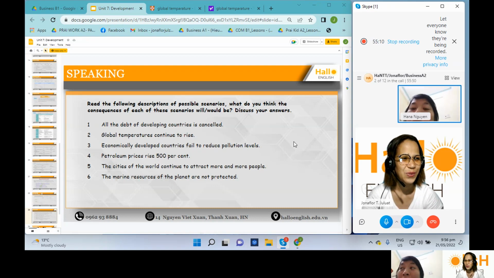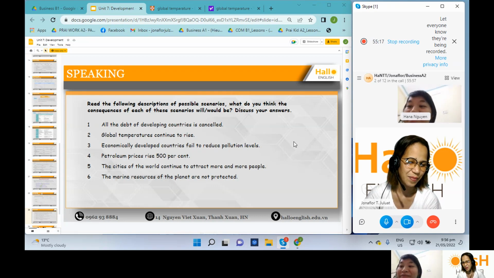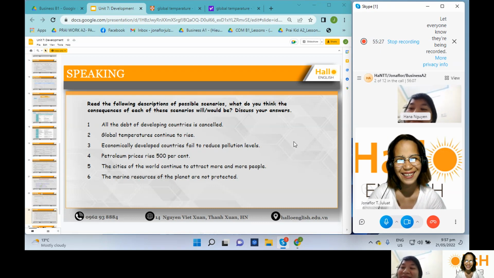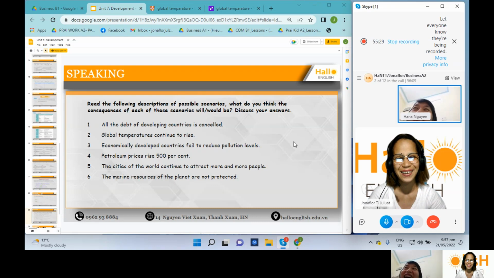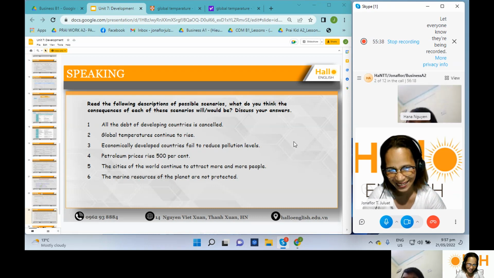Many goods prices will be raised after that. Maybe no one will use cars; they will just use electric cars, and they will just use bicycles.